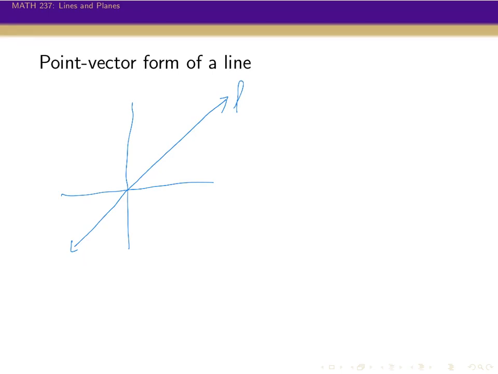well, we can take any vector lying on that line. Let's call that vector v. And then for any other vector lying on that line, let's call this one w, is going to be a scalar multiple of v, right?